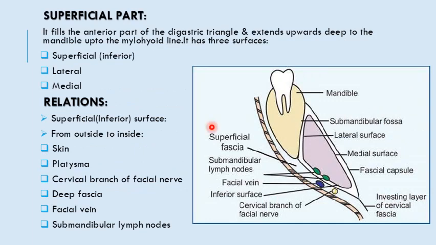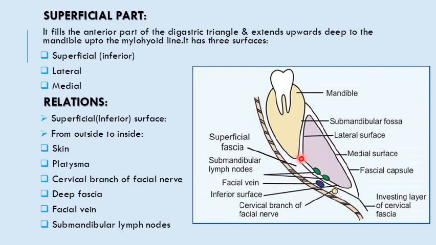Now the superficial part of the submandibular gland. It fills the anterior part of the digastric triangle and extends upwards deep to the mandible up to the mylohyoid line. And it has three surfaces: inferior or superficial surface, medial surface, and lateral surface.